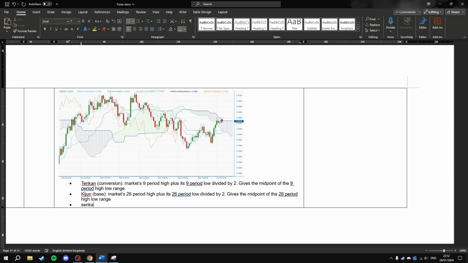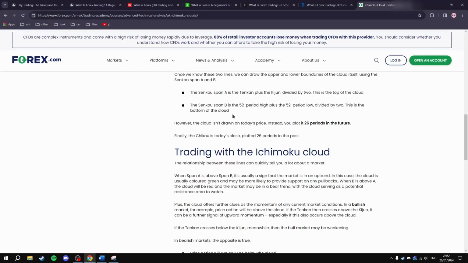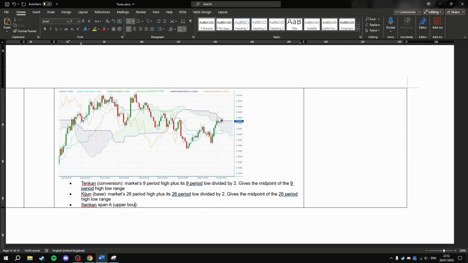Senkou Span A, also known as the upper boundary.